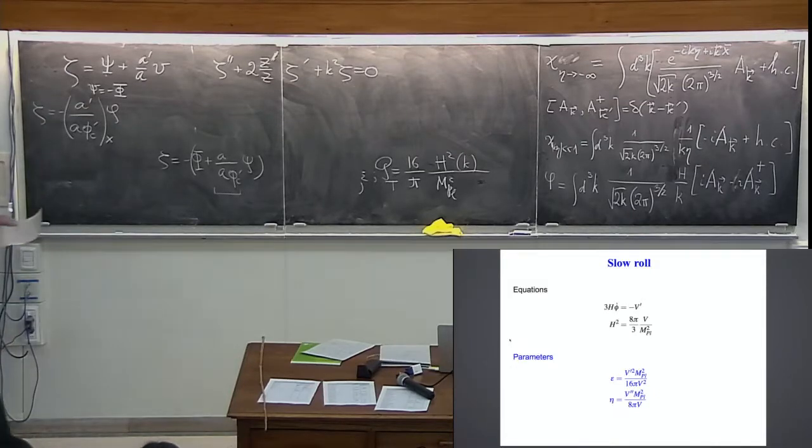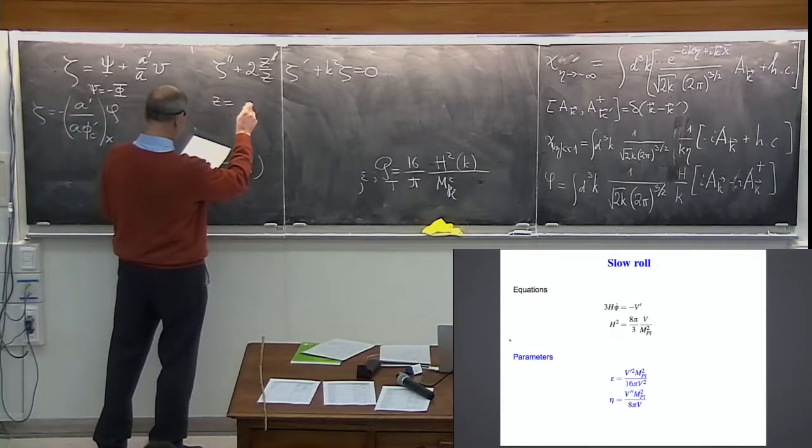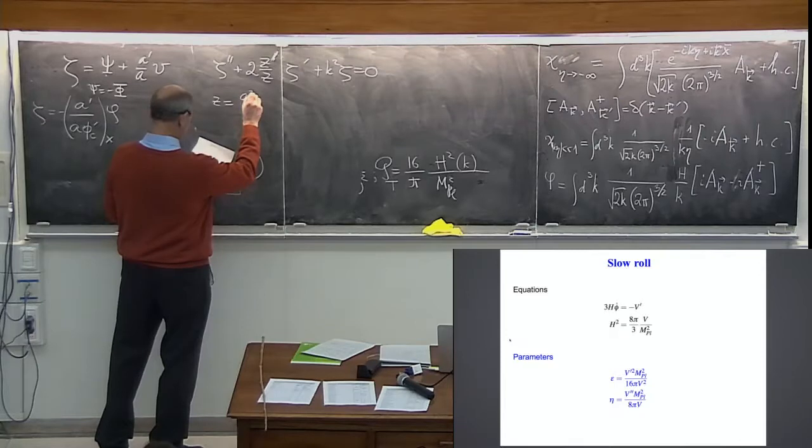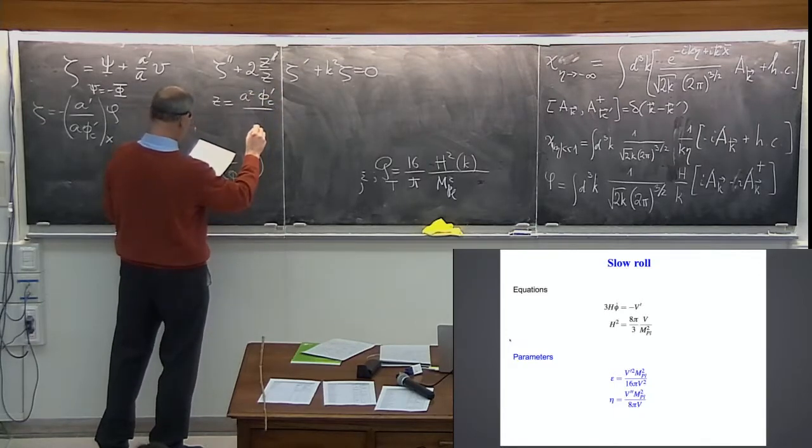I'm not deriving this, but you can derive this equation, where z is this combination, a squared times phi c prime over a prime.